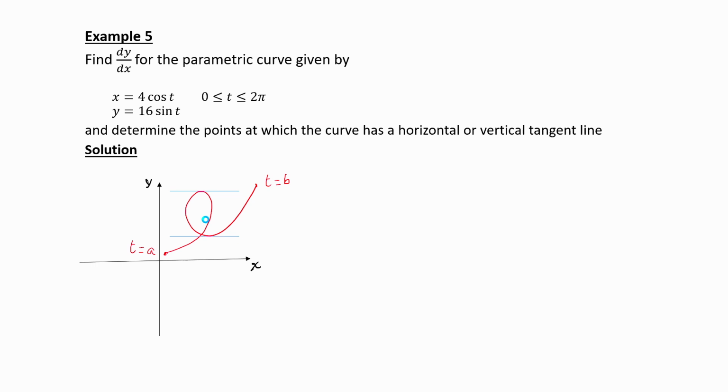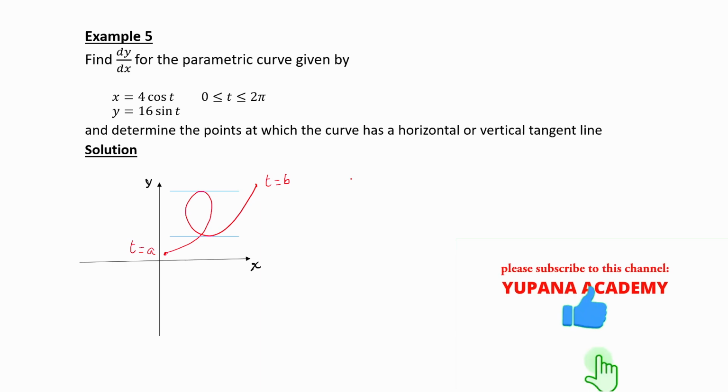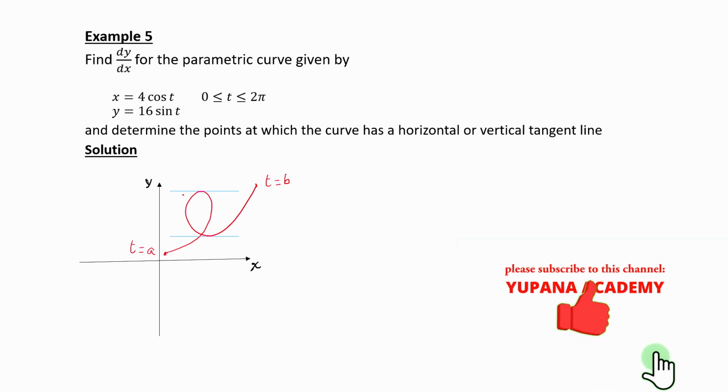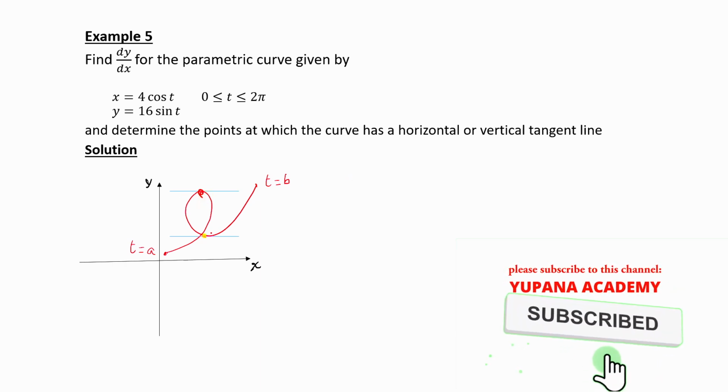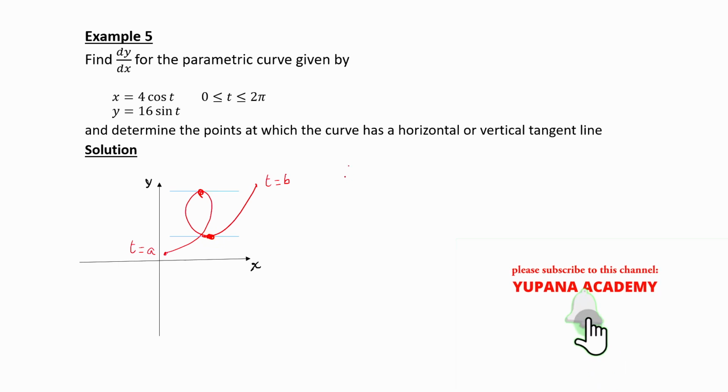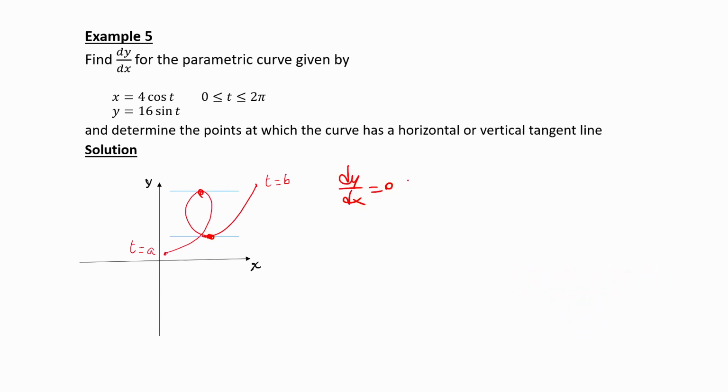Now, these are the horizontal tangent lines, as we can see here, this and that. The condition for those horizontal tangent lines is that the derivative of the parametric curve at these points should be 0. So that will be dy/dx equal to 0 for horizontal tangent lines.